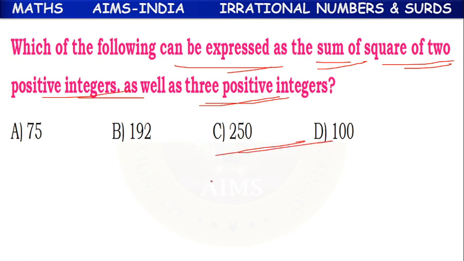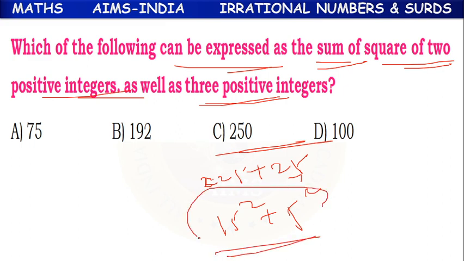Suppose if you take 250, you can write it as 225 plus 25, which means 15 square plus 5 square. Sum of squares of 2 positive integers, we can write 250. Is there any other possibility?